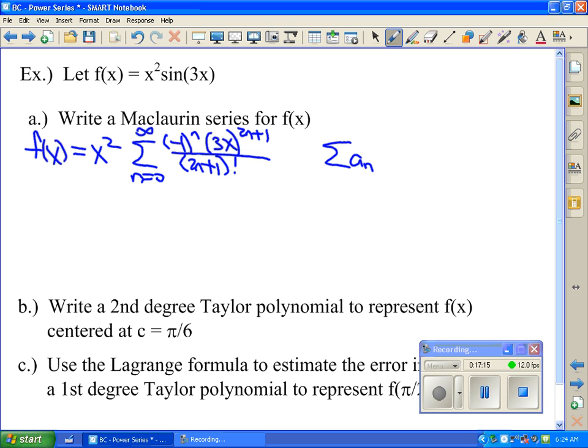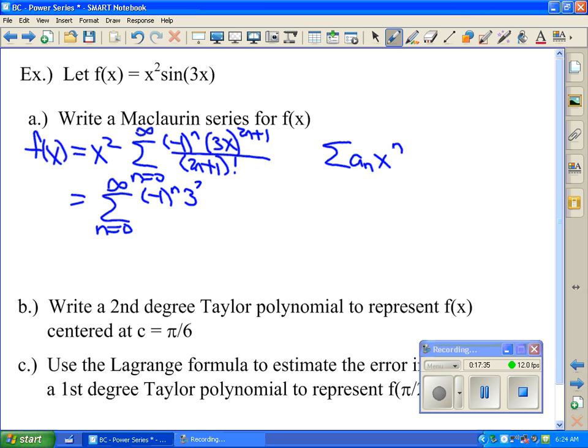Power series, I need it to look like a sub n, x to the n, or some variation on that. So I'm going to take that x squared and move it in. However, I don't want to write x to the 2n plus 3 because the 3 isn't being raised an extra 2 powers. So what I have to do is same thing as before, separate this out. It's still going to be negative 1 to the n.